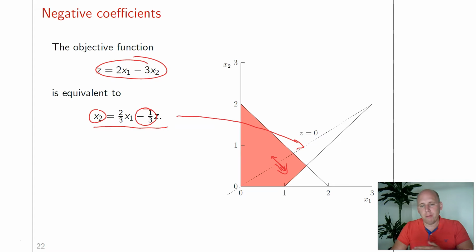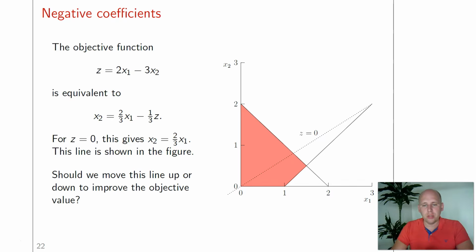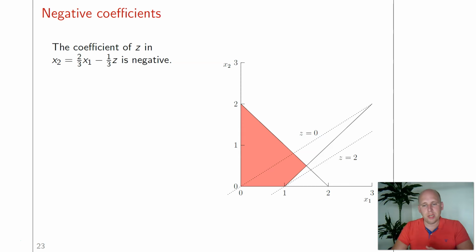And then the question is, how far can we move it downwards in such a way that we still have a point in common with the feasible solution space. And that's exactly up to this level. And then you will see that x1 is 1 and x2 is 0. That's the optimum solution for this problem. The corresponding value for z is then 2.